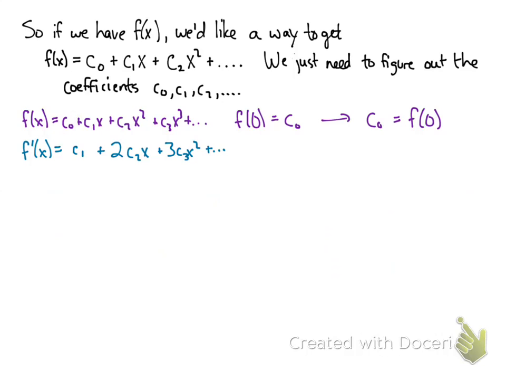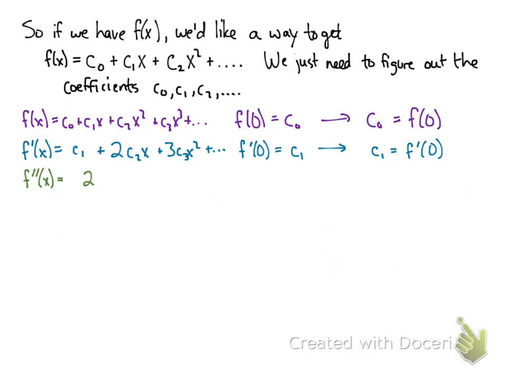And so on. The derivative of c3x cubed is 3c3x squared, and so on. Now we plug in 0 again. f prime of 0, and again we just get the constant term of that, which is now c1. So that tells us that the coefficient c subscript 1 is just whatever number the first derivative of the function is when you plug in 0.